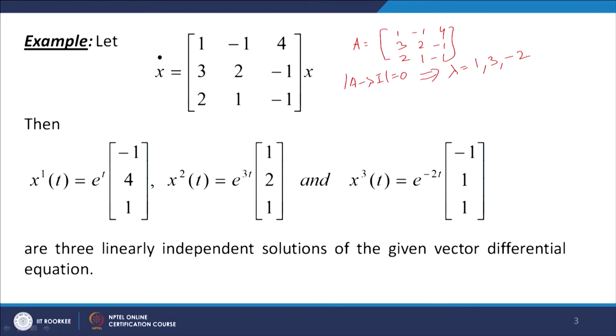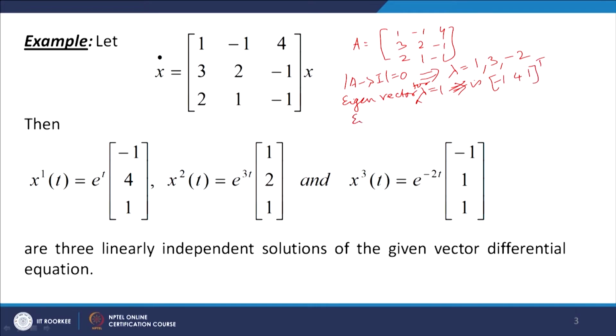For lambda equal to 1, you can check that the eigenvector is (-1, 4, 1) transpose.